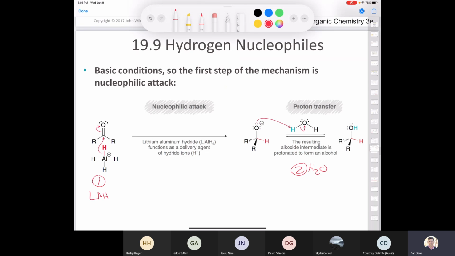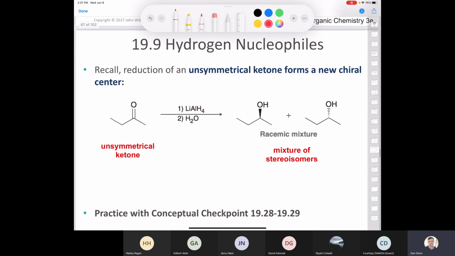I want you to think about the stereochemical considerations that have to be taken into account, because in a ketone the carbonyl carbon is sp2 hybridized. It is trigonal planar. It's flat as a pancake. And so that hydride, and I'm going to just write a hydride atom, which isn't technically correct, can attack from the front face of the molecule, or it could attack from the back face of the molecule.